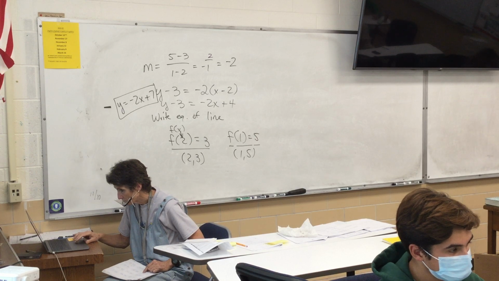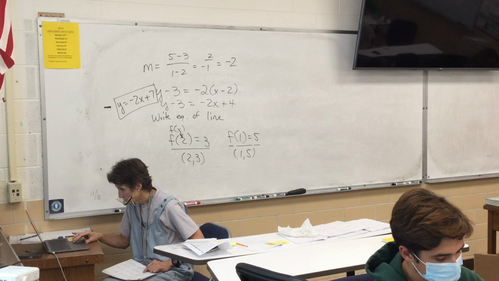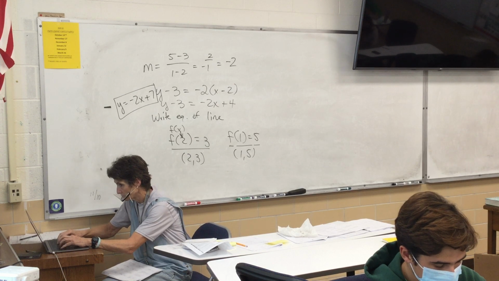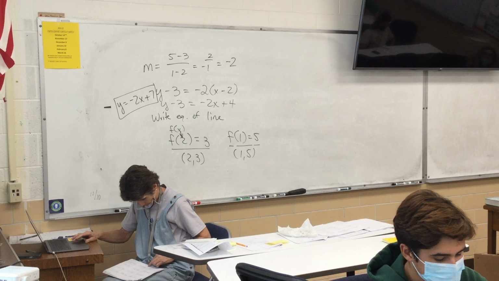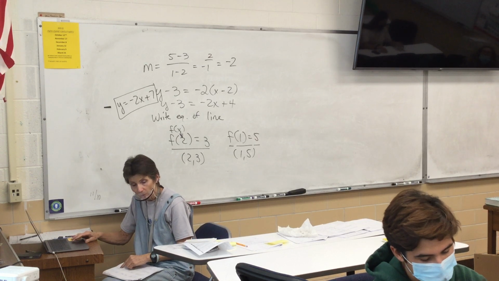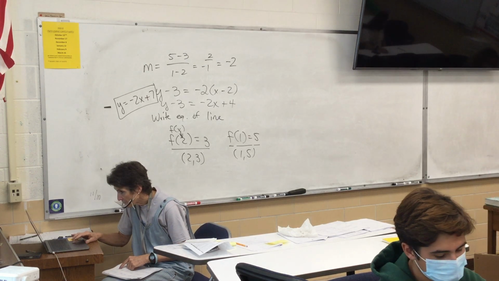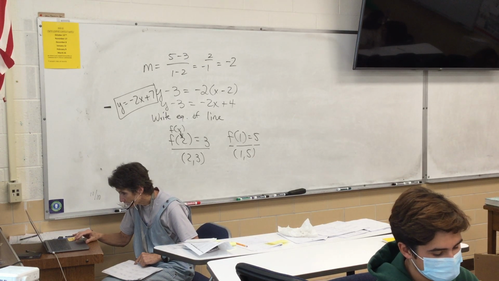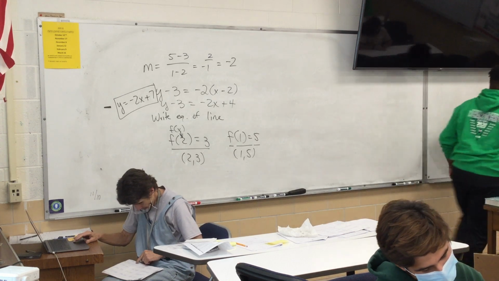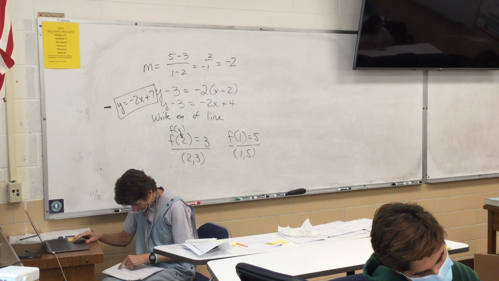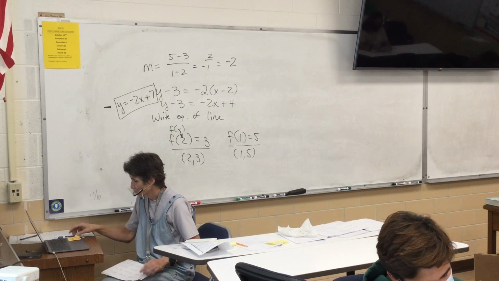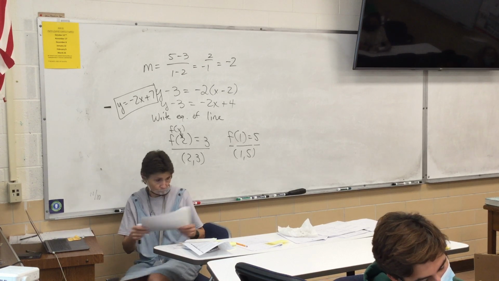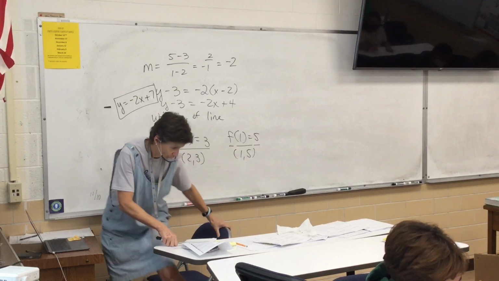Once you find the slope, it's y minus y1 equals m, parentheses x minus x1. So you just pick one of the points and then put it in for x and y.